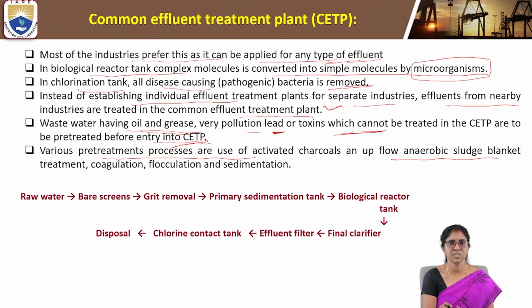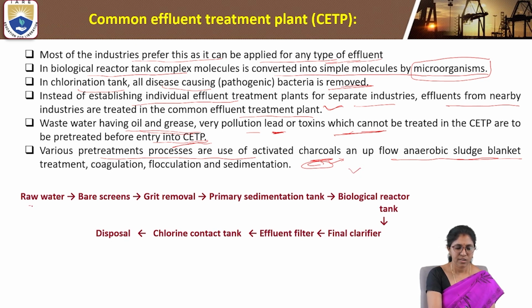We use these processes to remove oil, grease, and various toxic chemicals from the wastewater. Then the wastewater is passed through the common effluent treatment plant to remove the various other impurities.